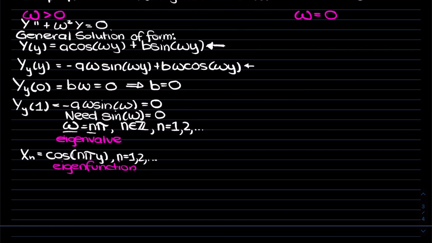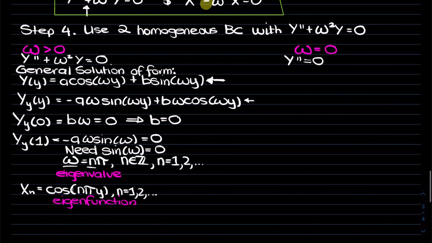So on the right-hand side we have the ordinary differential equation Y double prime equals 0, because lambda equals 0 in this case. This has a general solution of the form Y of little y equals a little y plus b, where a and b are some constants. If we then take the derivative, because we're working with Neumann boundary conditions, we just get a.